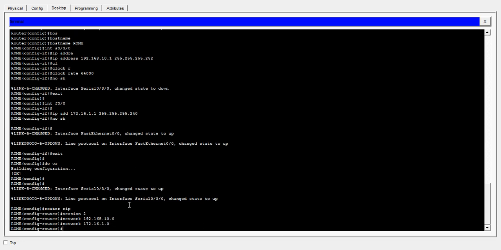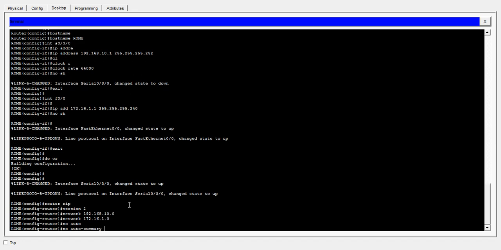Okay, now that should be all, but there's a very important command that you need to enter when you are configuring classful routing protocols. I'll discuss that in my other class. Classful routing protocols, of which RIP is one and EIGRP is another, it's recommended to enter no auto-summary.